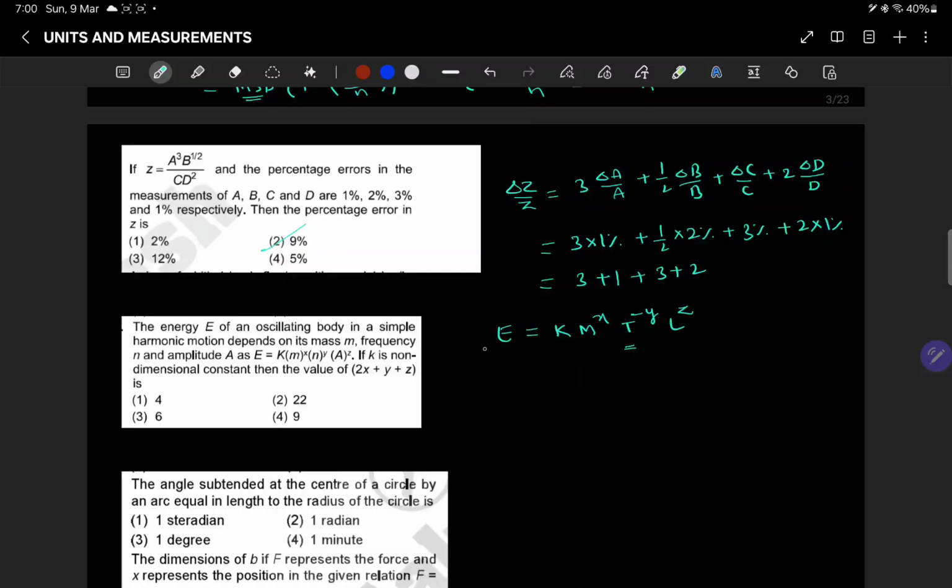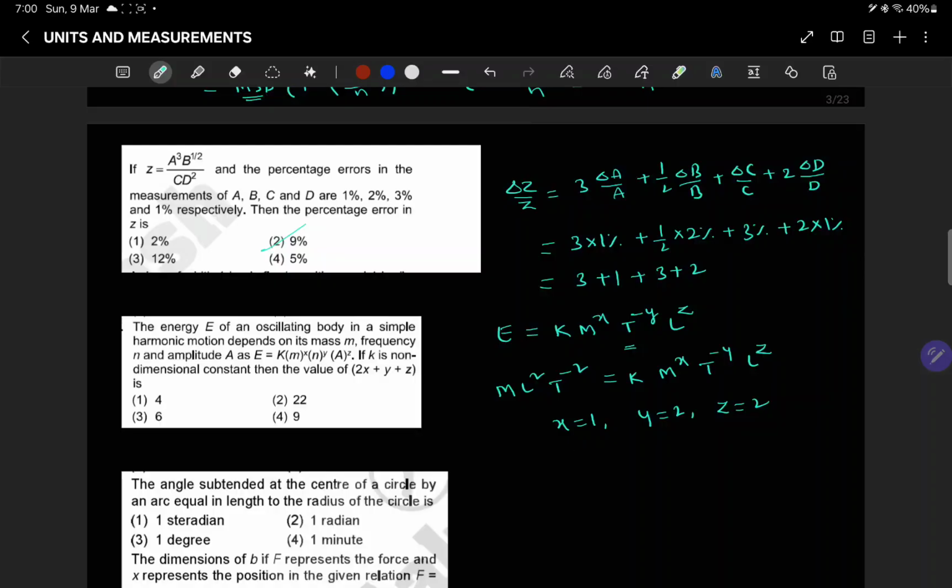Actual dimensional formula of energy is M L square T power minus 2, equal to K, a constant only, students. M to the power of x, T to the power of minus y, L to the power of z. Now it asks the value of 2x plus y plus z. x equals 1, students. y equals 2, very important. z is also 2.